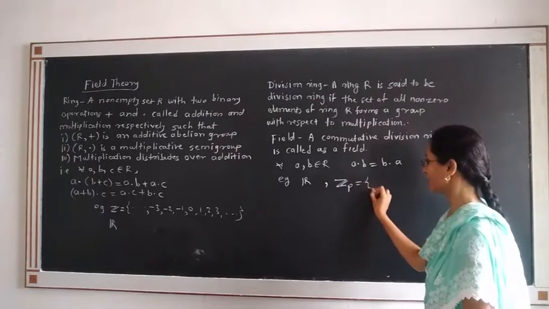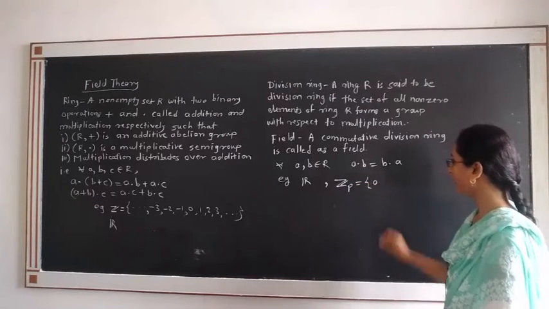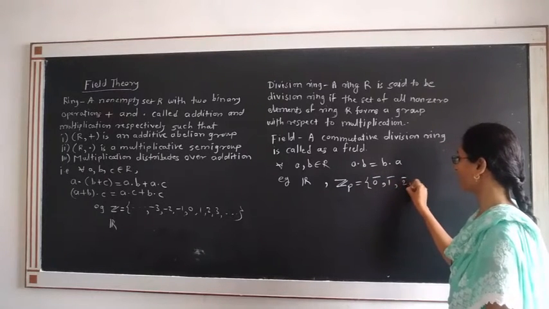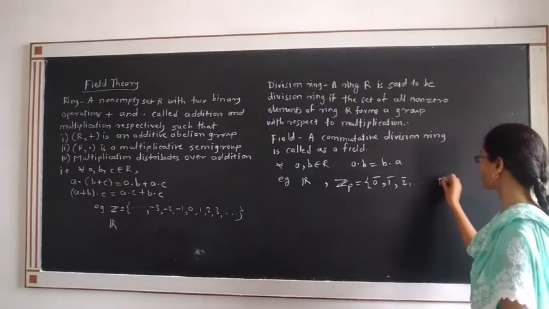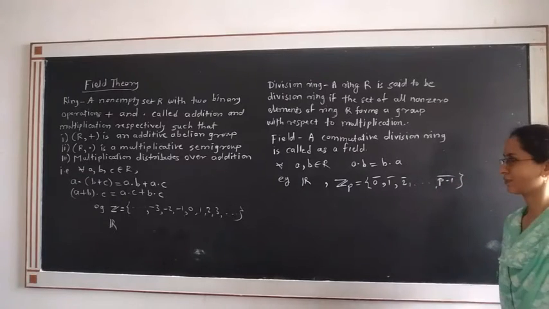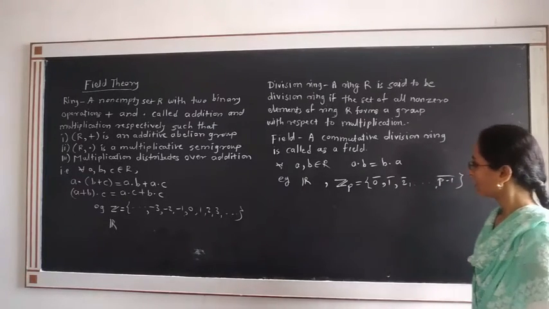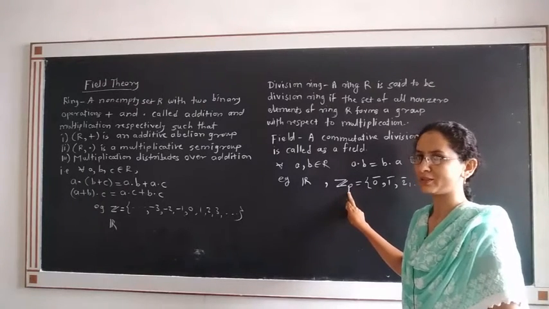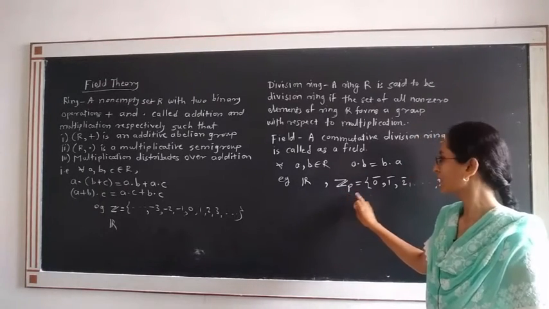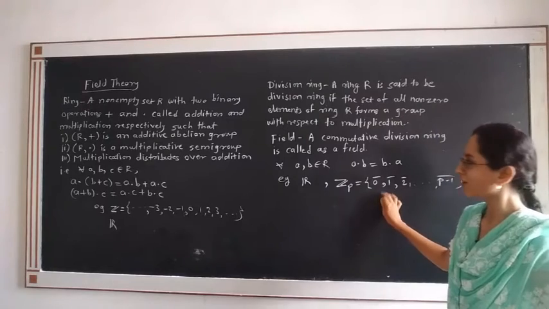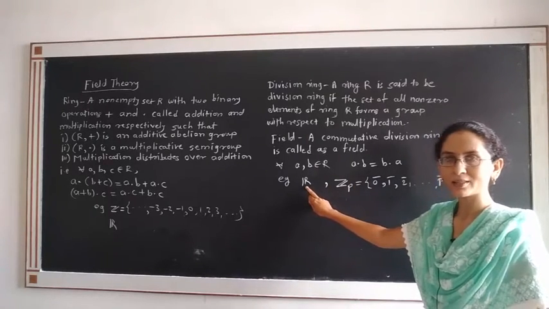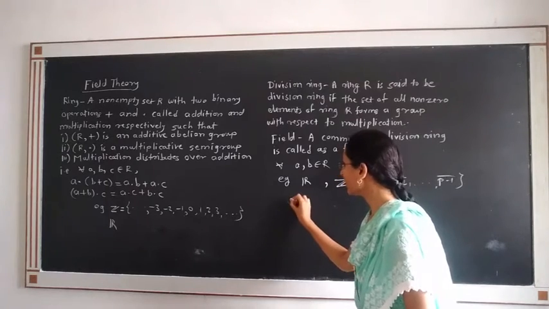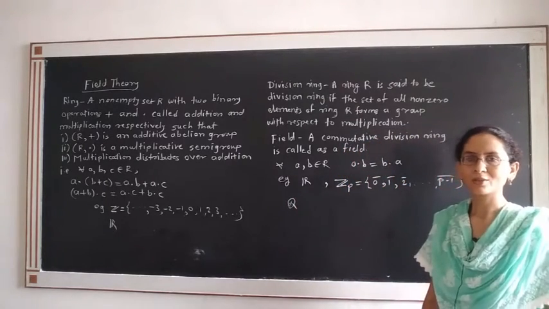What is Z_p? Z_p is the set of p elements starting from 0 bar, 1 bar, 2 bar up to p minus 1 bar. Z_p is a field if and only if p is a prime number. Otherwise Z_p is not a field. This is an example of a finite field, while the set of real numbers is an example of an infinite field. Another example is the set of rational numbers. This is also a field.